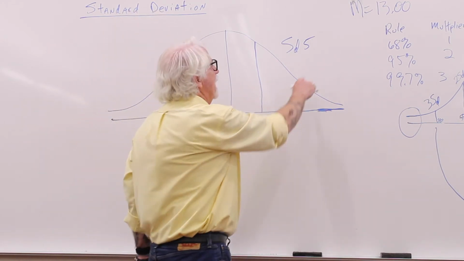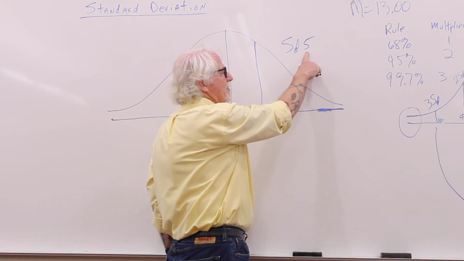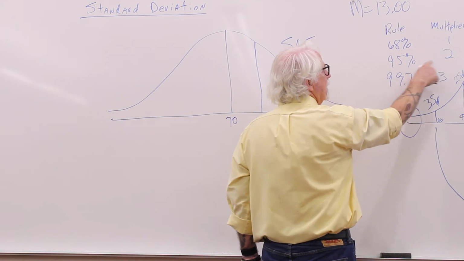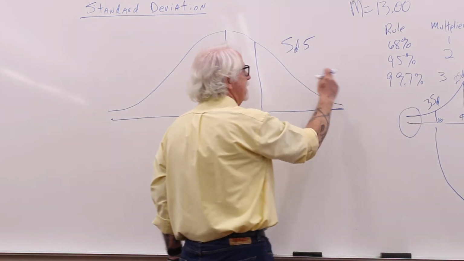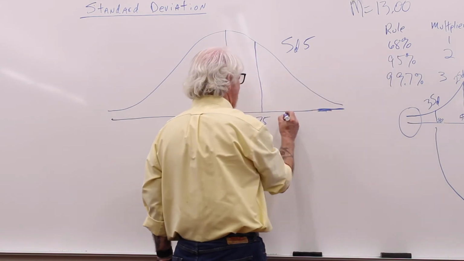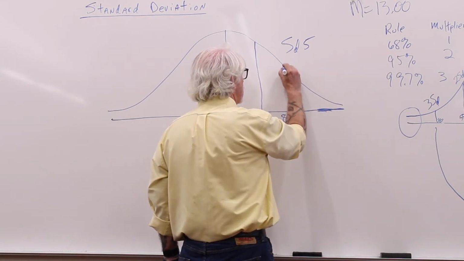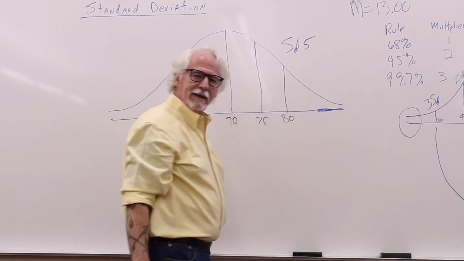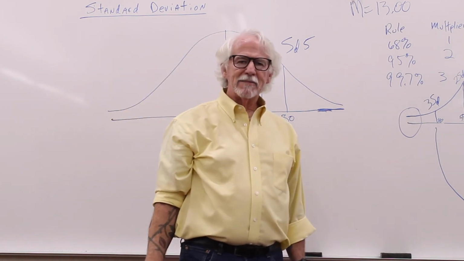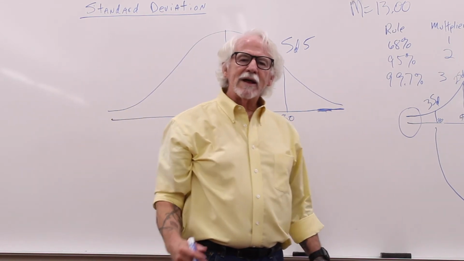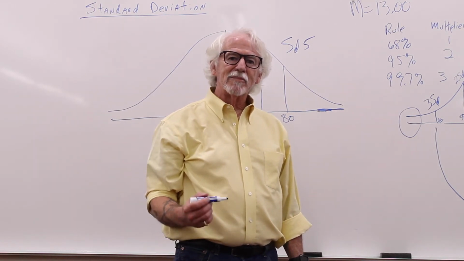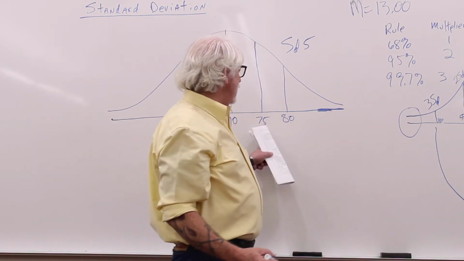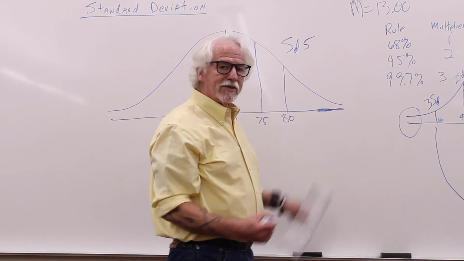Same thing, if my standard deviation is 5, and I want to know where 95% of the people lie, or 2 standard deviations, 2 times 5 is 10, so I know that is 80. Does that make sense? Whatever my standard deviation is, I multiply that by the multiplier, and then I know where I am on the rules.